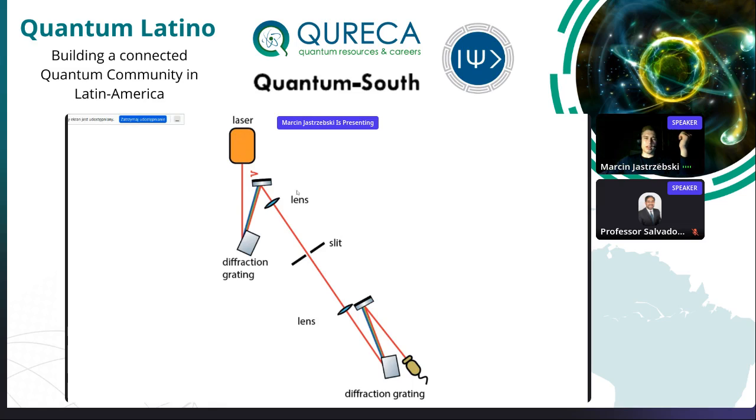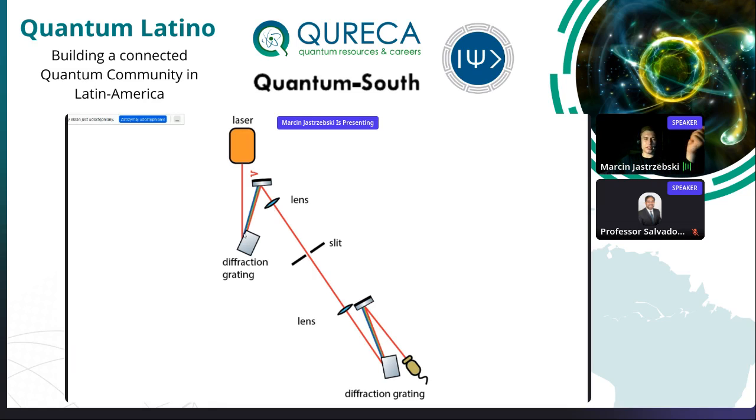And it's called a 4F setup because, as you can see, there is the lens, and the distance from the grating to the lens is equal to the focal length of this lens. Again, here to the slit is the F, and here also, and here. So that's why it's called the 4F. And the second grating is basically to combine this beam, all those wavelengths together again, and then the light travels.